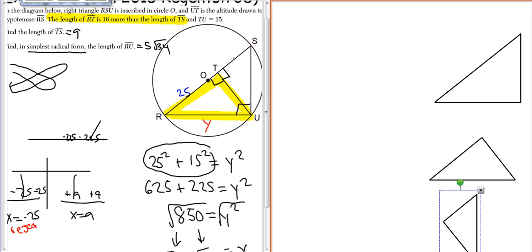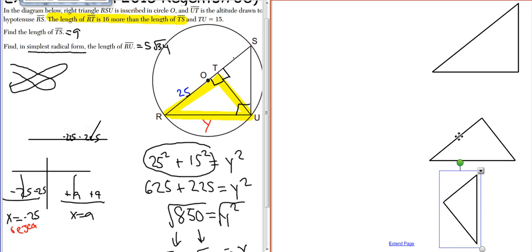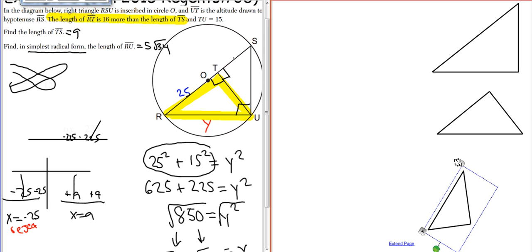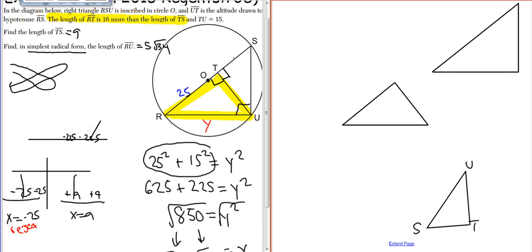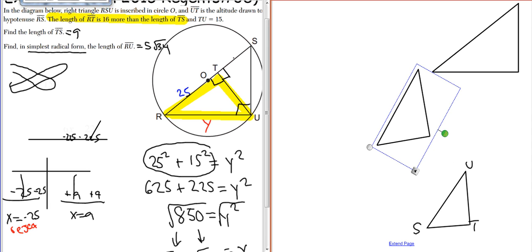Now, remember what you have to do, right? You have to orient the triangles so that they are all oriented in the same way. So I'll take the little one and rotate it that way 90 degrees. And if I do it that way, this is S, this is T, and this is U, which means I have to take the medium one now and rotate it 90 degrees this way.